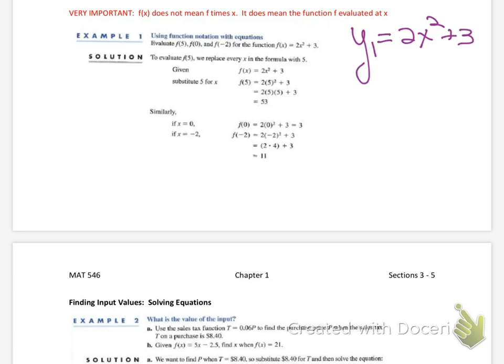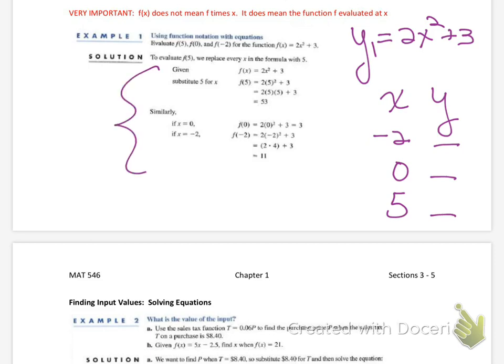Your table is going to give you the x's and the y's. So you want to look when your x value is, let's see, we'll go in order, -2, 0, and 5. You will see the table that your graphing calculator provides gives you those answers. This also shows how you can do it by hand, which clearly you have to be comfortable with.